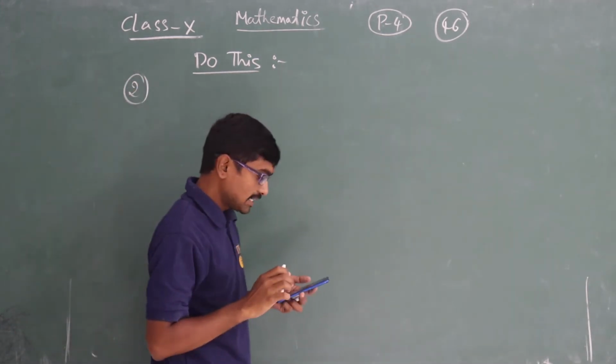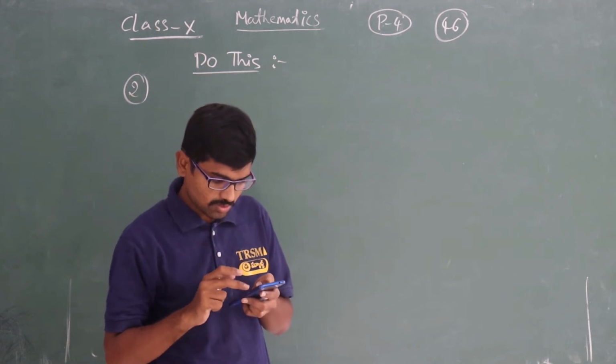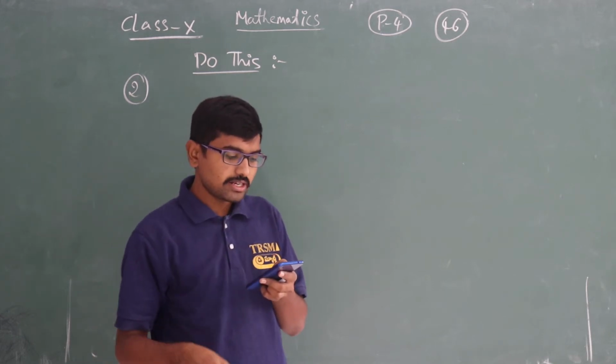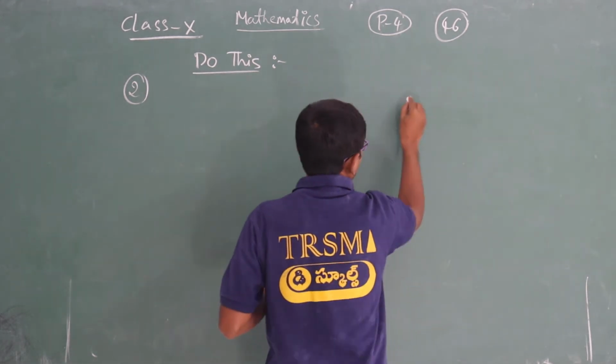Okay students, what was given in question number 2? He had given a triangle XYZ. Here we have a right angle triangle XYZ.